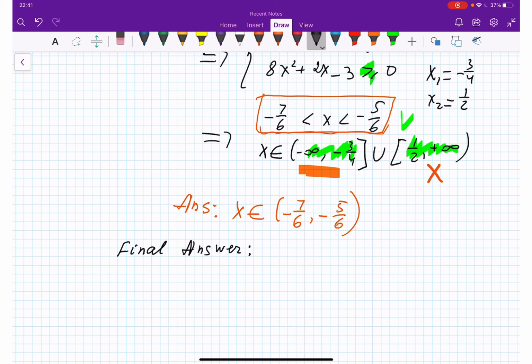It's going to be x belongs to negative 7/6 to negative 5/6, or negative 3/4 to 1/2. Okay.